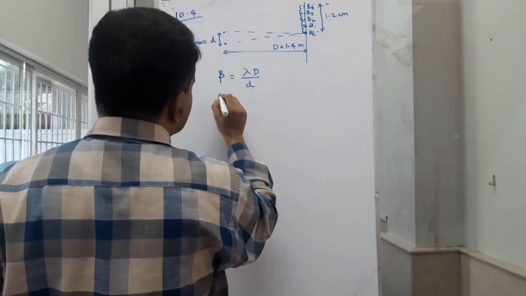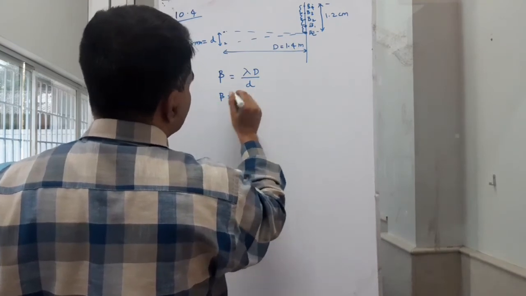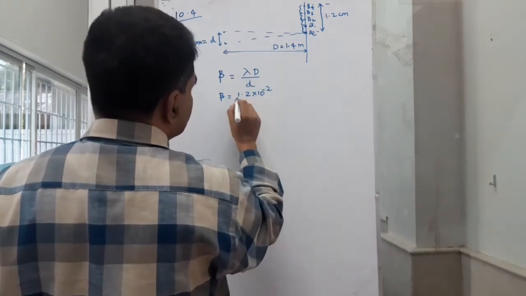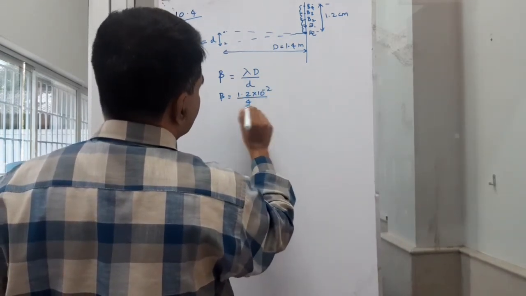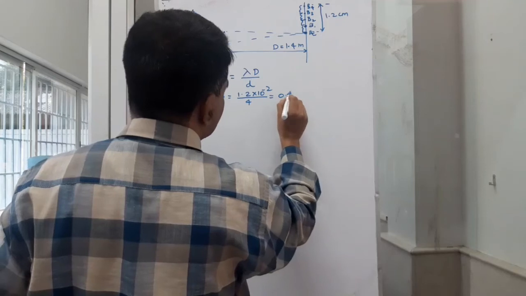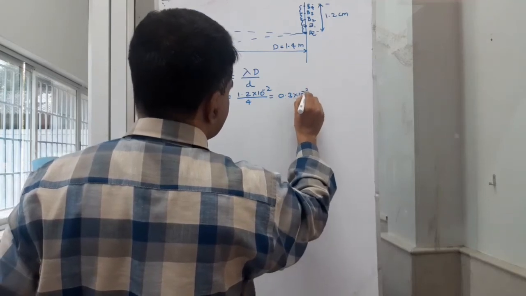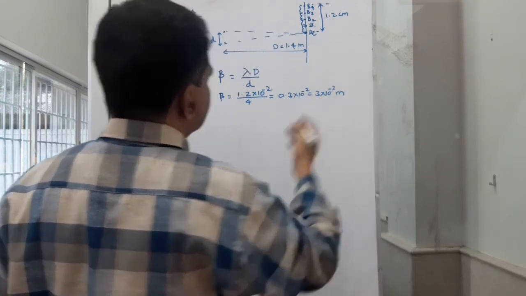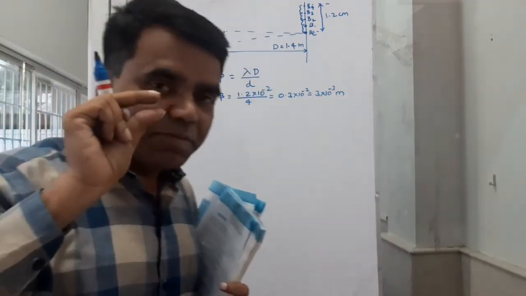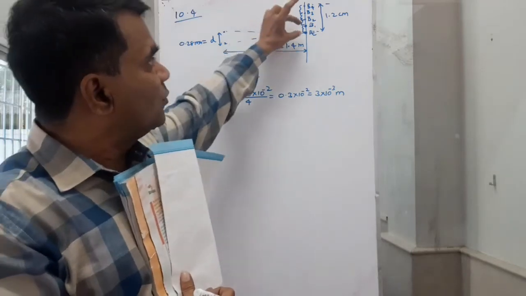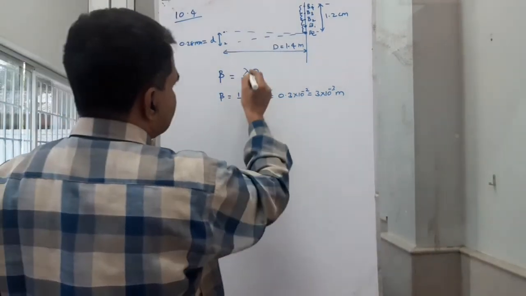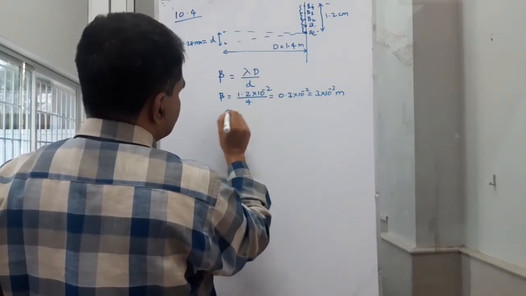So beta is equal to 1.2 times 10 to the power minus 2 meters divided by 4. That gives you 0.3 times 10 to the power minus 2, or 3 times 10 to the power minus 3 meters, or 3 millimeters. So that's the bandwidth. Then put this in this equation, lambda D by d, where lambda is what they're asking you to find.